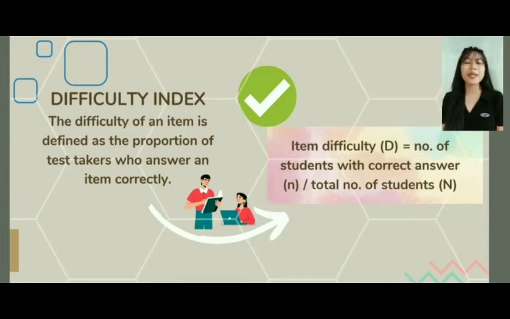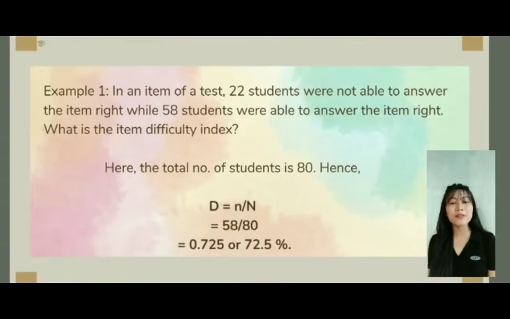So the formula would be: item difficulty is equal to the number of students with correct answer divided by the total number of students. For example, in an item of a test, 22 students were not able to answer the item right, while 58 students were able to answer the item right. What is the item difficulty index?